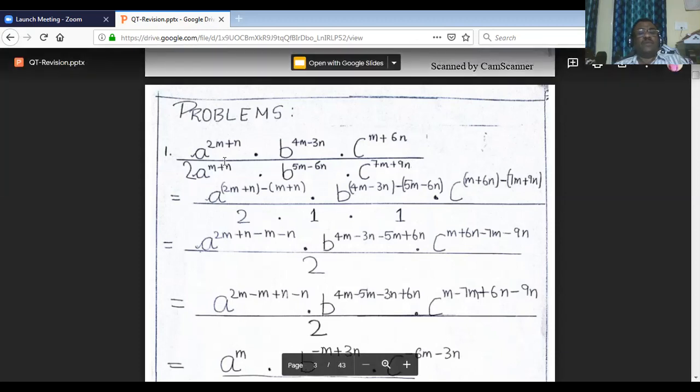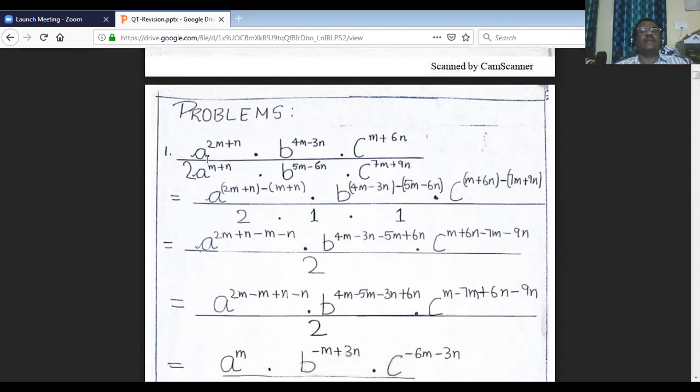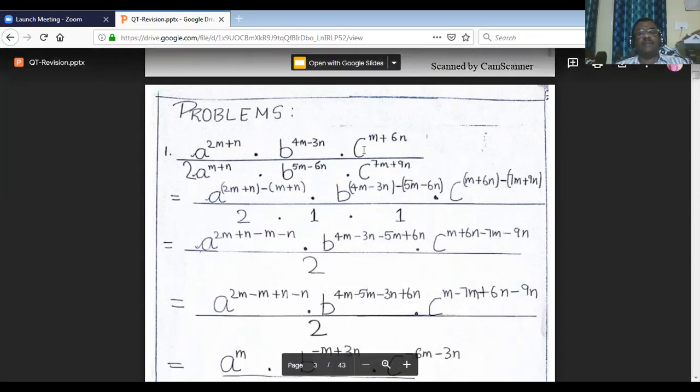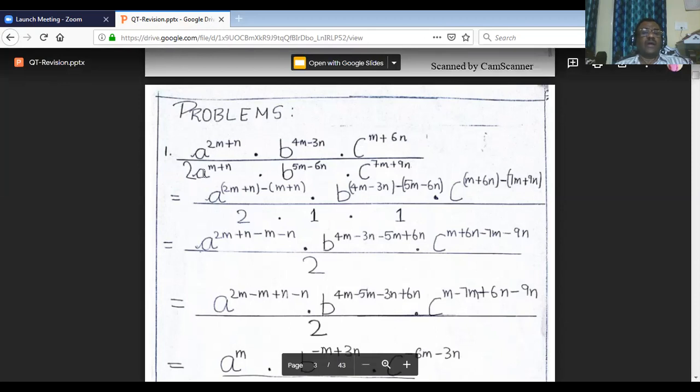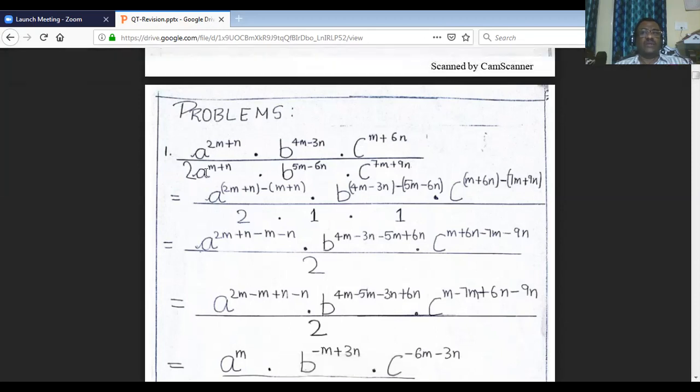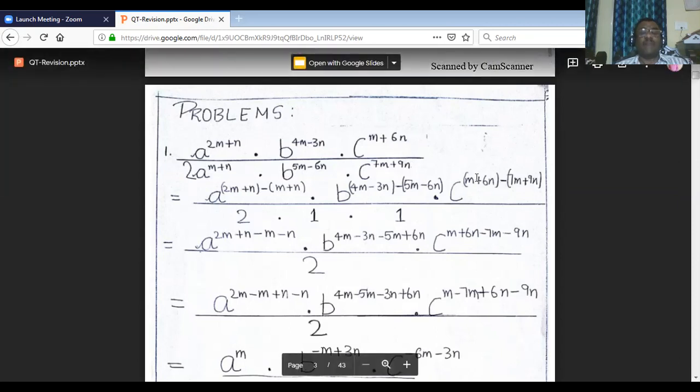Now, if you look at this, we have three different bases, A, B and C, in the numerator. Again, in the denominator also, we have A, B and C as the three different bases.